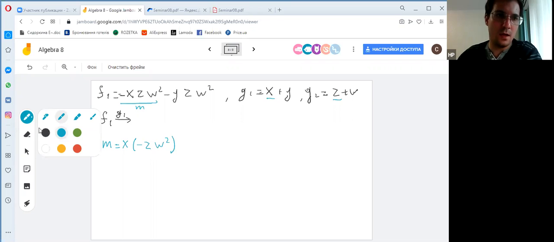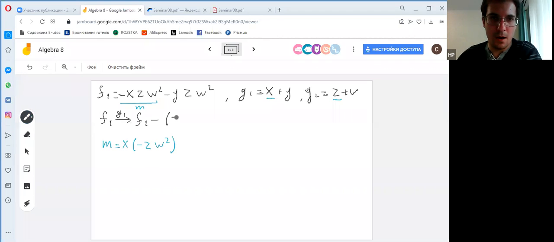So I reduce f1 to f1 minus minus z w squared multiplied by g1.